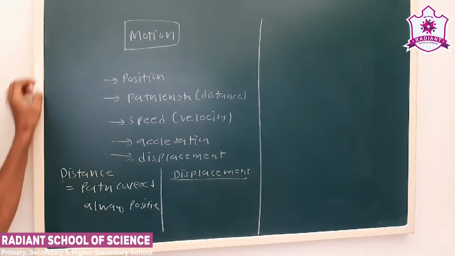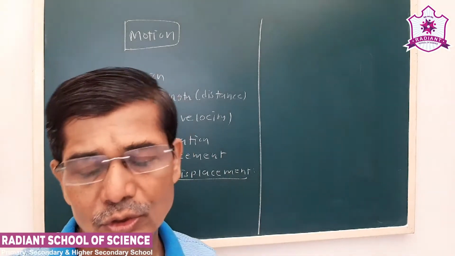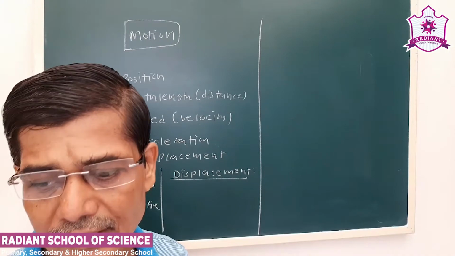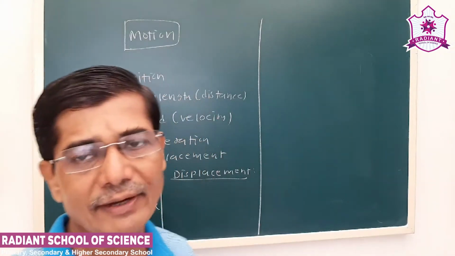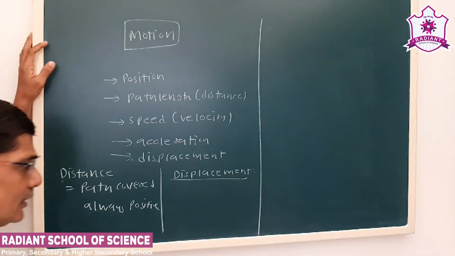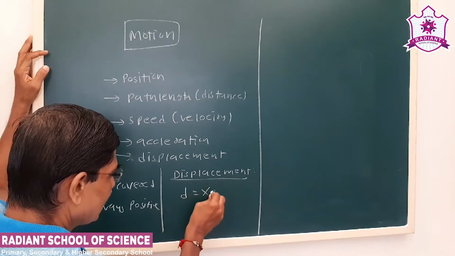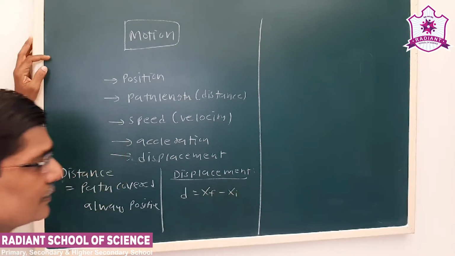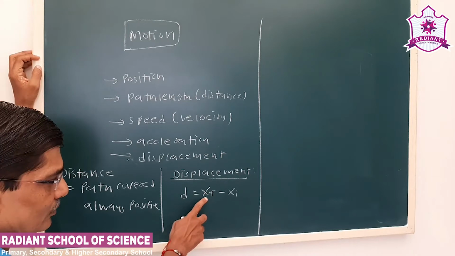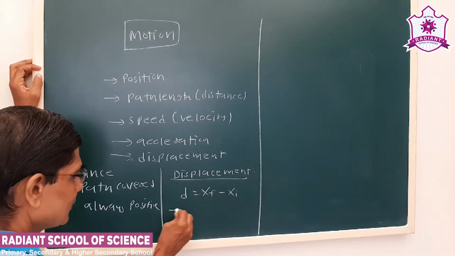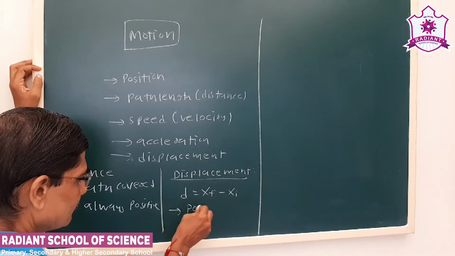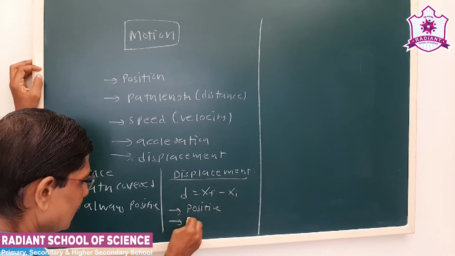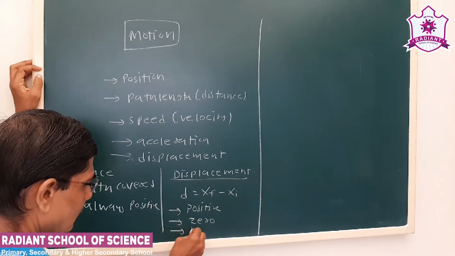As we have discussed earlier, displacement has nothing to do with the path followed. It connects only the initial and final position. Displacement is given as xf minus xi, that is, final position minus initial position. The displacement can be positive, 0, or negative.